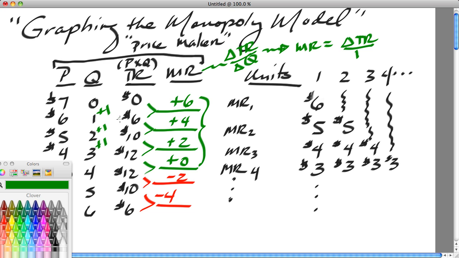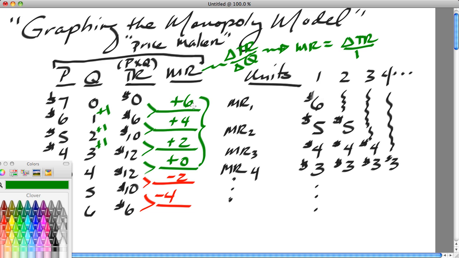It'll decrease as we produce more. Notice also that it's decreasing faster. Where the price is only decreasing at an interval of $1, marginal revenue is decreasing at an interval of $2. Later on, when we plot the marginal revenue data against the price data, you'll see that the marginal revenue curve is steeper than the demand curve because of this.